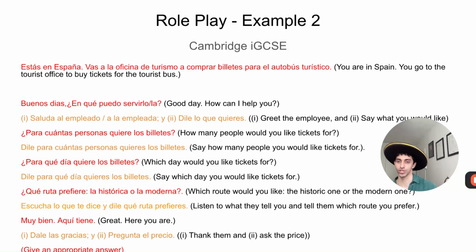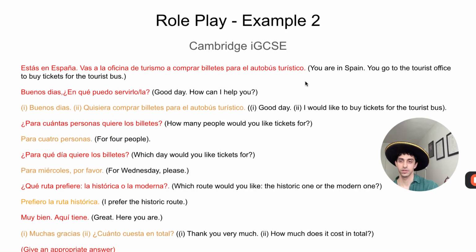And I'm just going to show you, of course, what I would say if I were the candidate doing this particular role play. Okay, here we go. So yeah, I've written out the translation for everything in brackets in English too. And the only thing that's changed otherwise is for the orange parts, I've written out exactly what I would say for every single part or prompt if I were the candidate performing this role play.